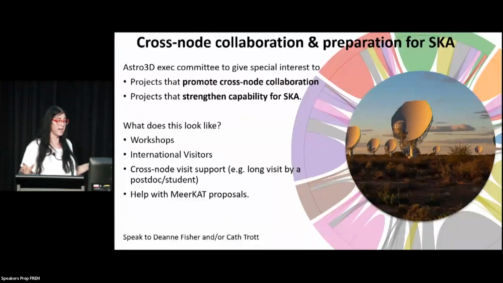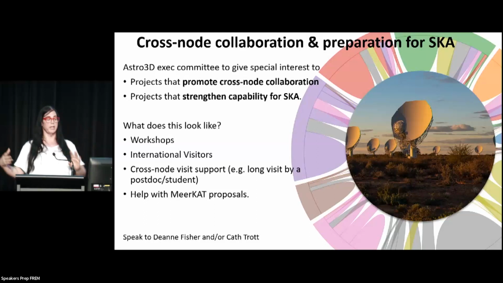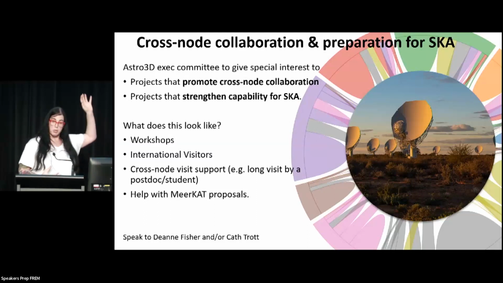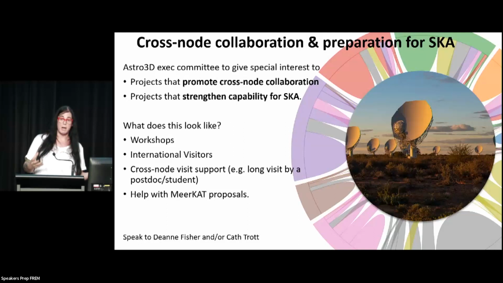And so the exec committee has agreed to take special interest or special attention to anything you put in within the next year that will promote cross-node collaboration or cross-theme in a way that strengthens us towards SKA.